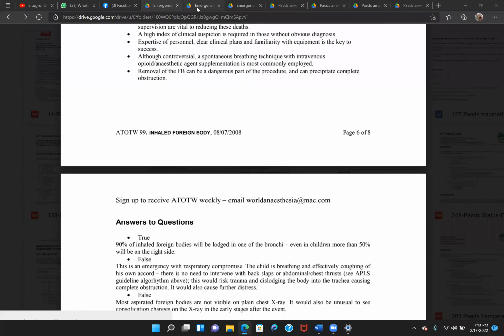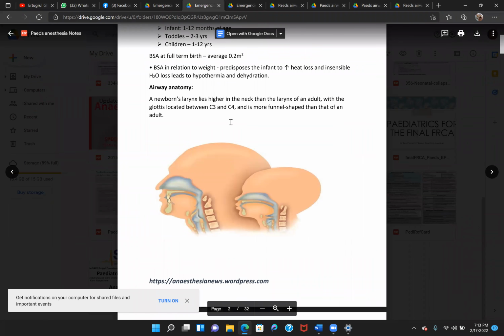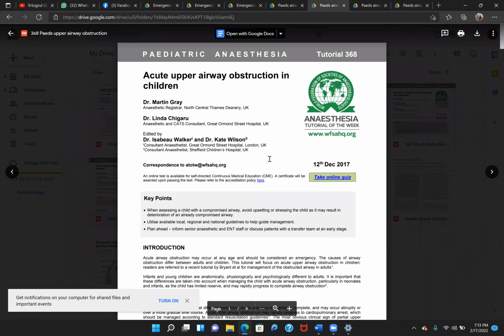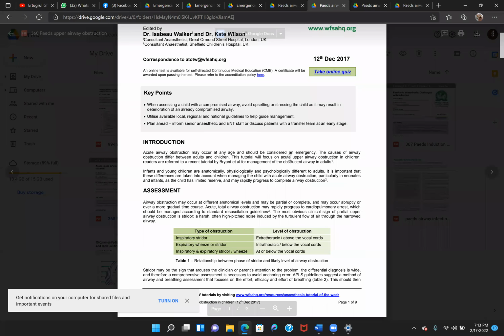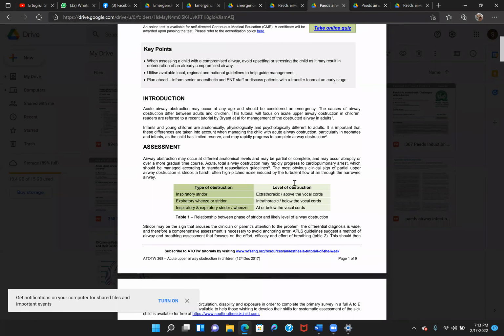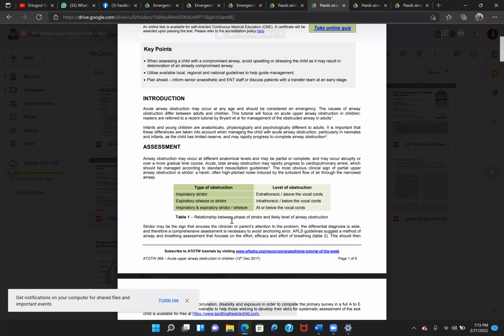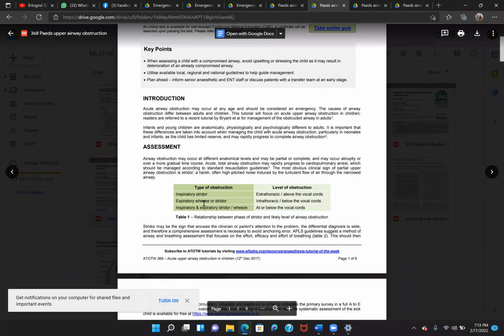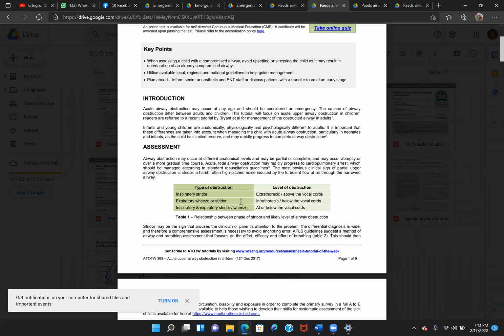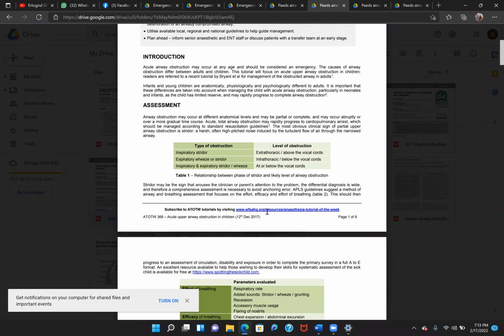So this is what was planned to be discussed today, and there is some other thing: usually a stridor may be inspiratory, expiratory, or fixed. Okay, so if it is inspiratory stridor, usually it is extrathoracic or above the level of the vocal cords. The problem is, okay, and expiratory stridor, like there is an intrathoracic problem below the vocal cords, and fixed, it may be at or below the vocal cords, and there may be a fixed problem.